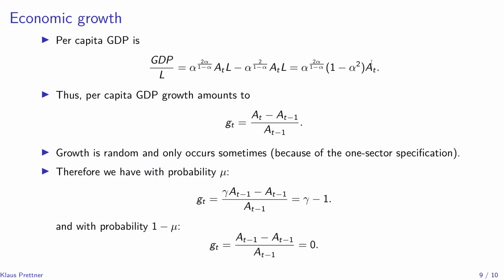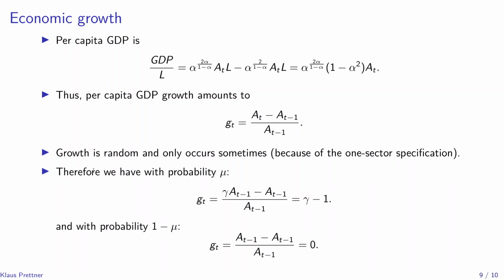Now here we see this is a cluster of parameters determined by alpha, so that's constant. So per capita GDP grows at the same rate as the rate of technological progress, so as productivity grows. So g t would be the productivity growth rate, that's A t minus A t minus 1 divided by A t minus 1, the definition of the growth rate of A.